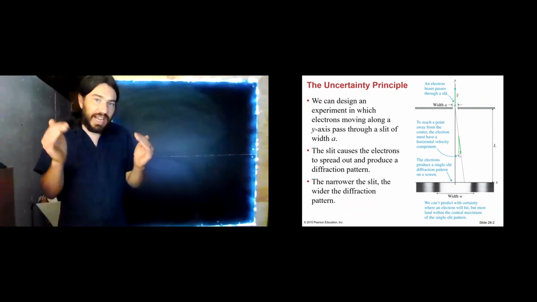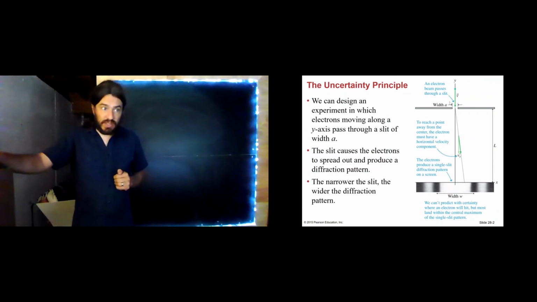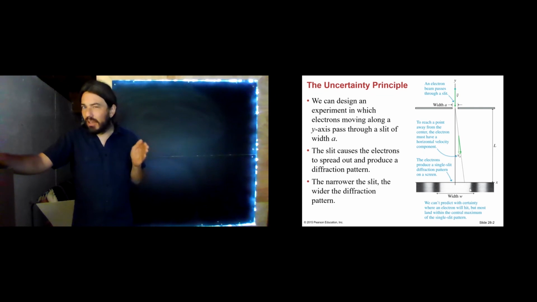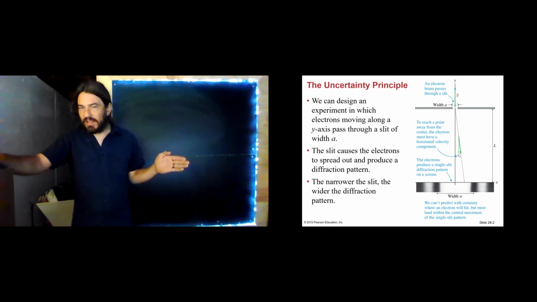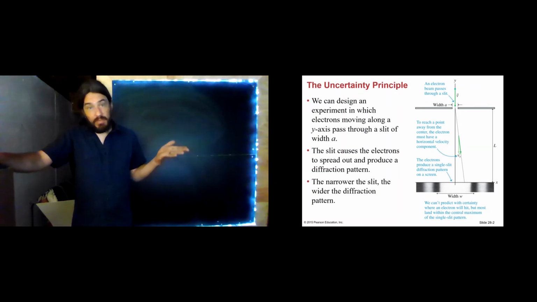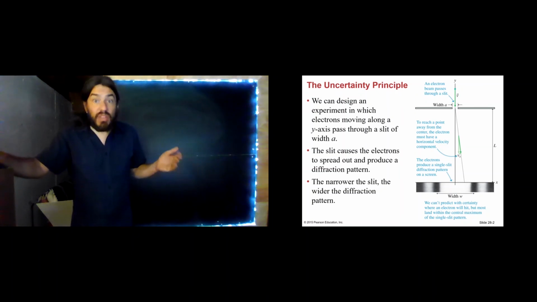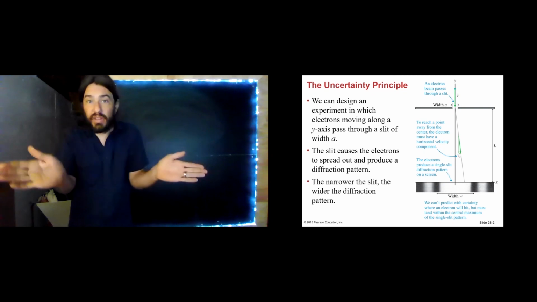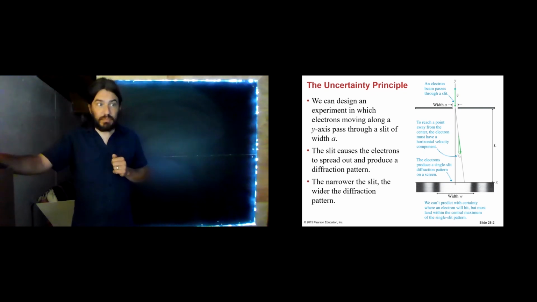And it turns out that the narrower this slit is, the wider this bright spot is. That's a little bit counterintuitive, but it's exactly the same thing we saw when we were talking about diffraction of light. And the same thing happens with sound waves as well. The narrower the slit, the wider the diffraction pattern.